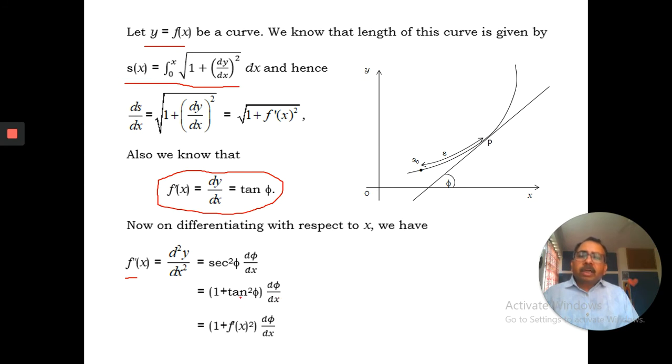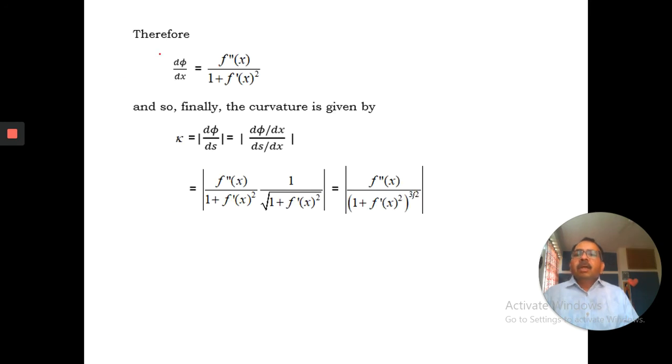But this tan phi is f dash x, so I have substituted f dash x in place of tan phi. So now d phi by dx, just cross multiplying, I get this, and the formula for curvature is kappa is d phi by ds. Here I have d phi by dx.